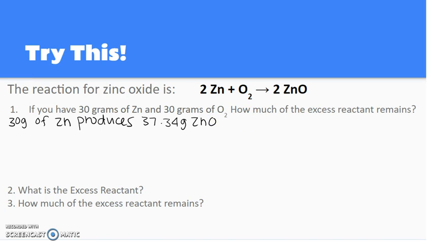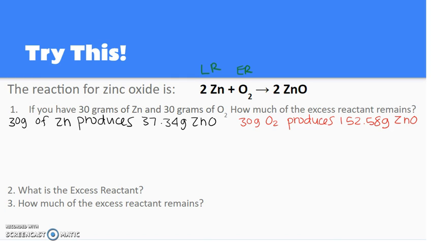And we found out that 30 grams of O2 produces 152.58 grams of ZnO. So basically, big picture, our zinc is our limiting reactant, and our oxygen is our excess reactant.